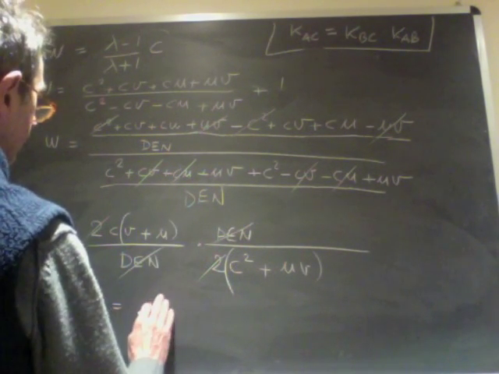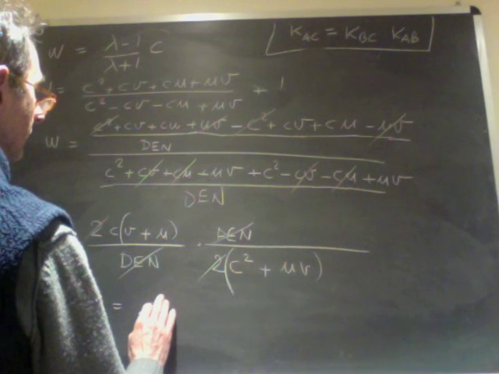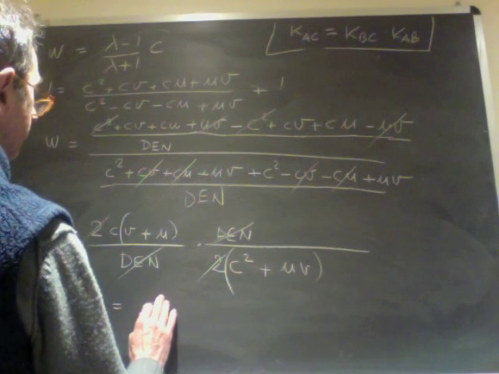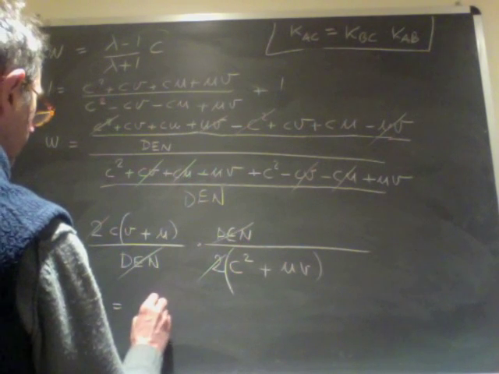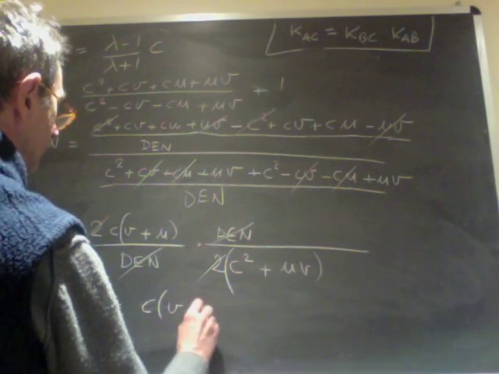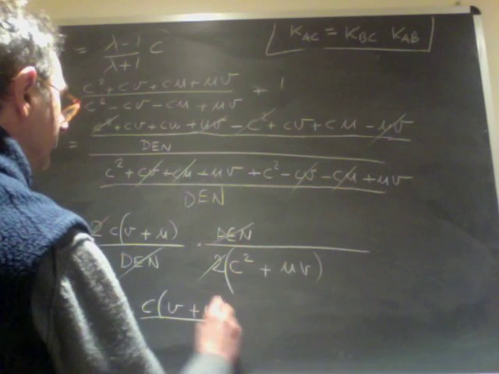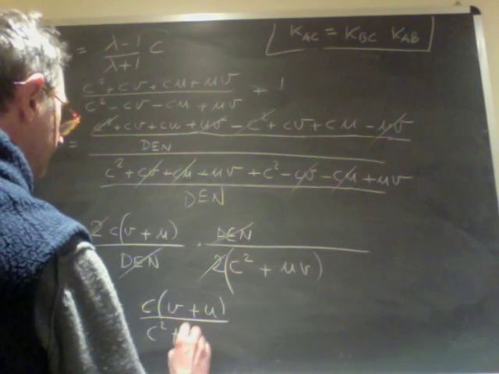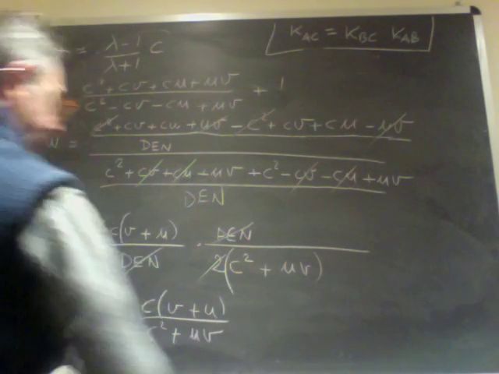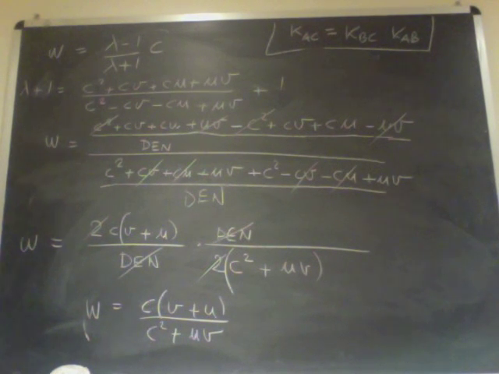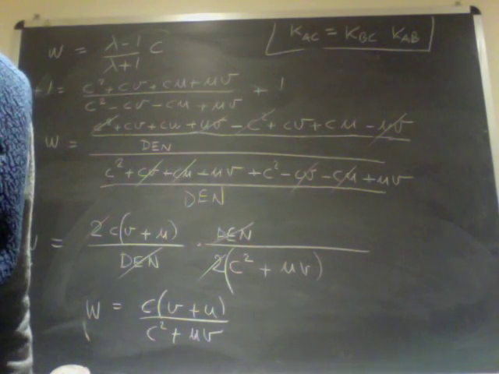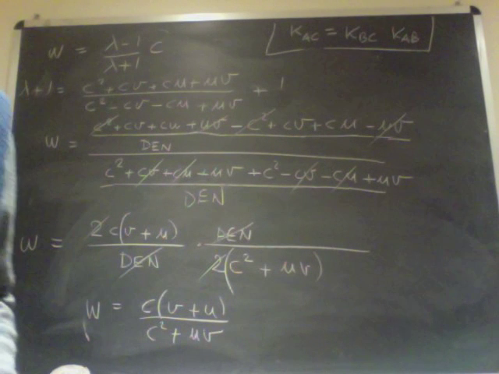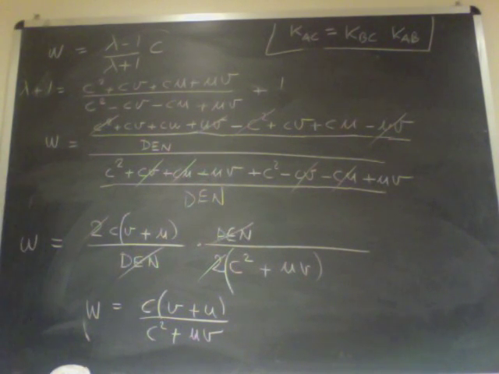I can divide by C. Let's write this one: W is equal to U plus V divided by 1 plus UV over C squared. Okay, well, there is a better way to write it.